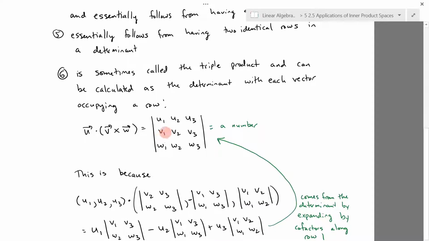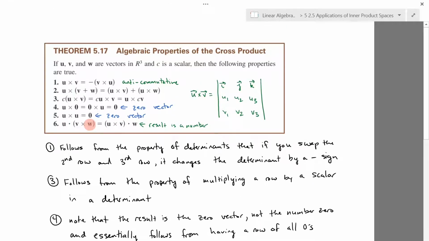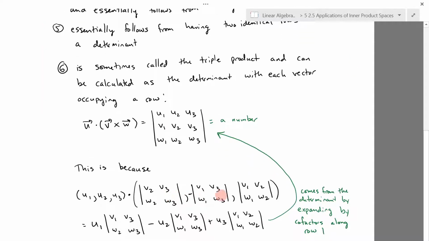So the reason that you can set it up in this way is because if you do the calculation in two steps, first you would calculate the cross product by setting up this determinant, and that would look exactly like this for v and w.